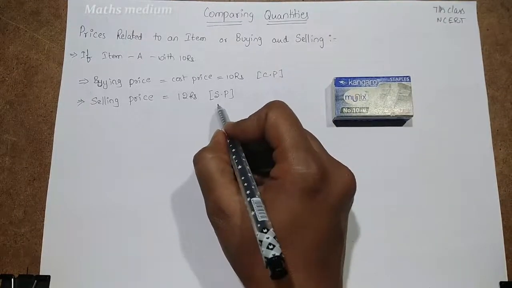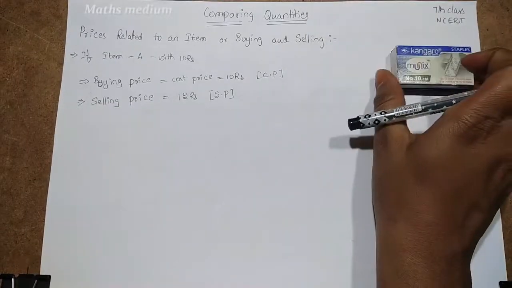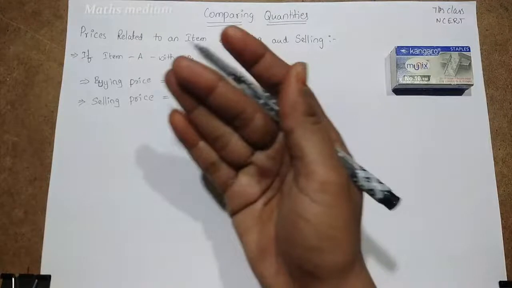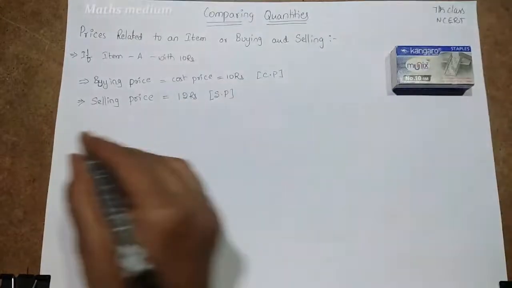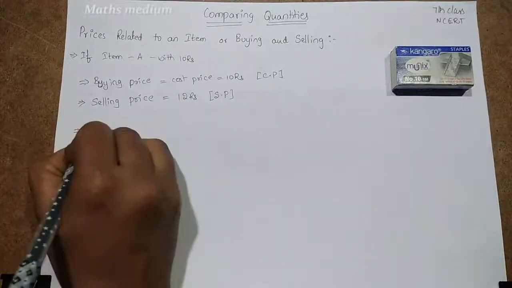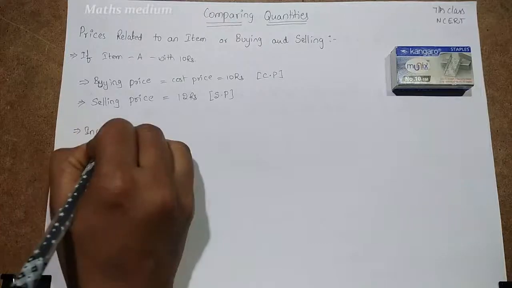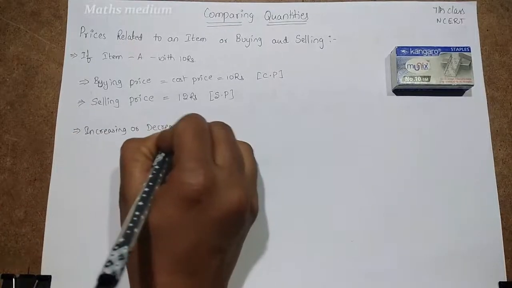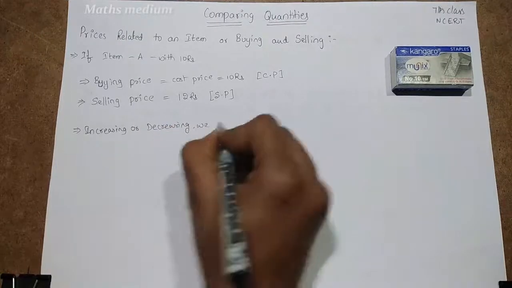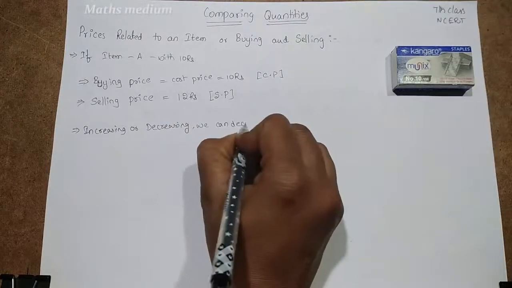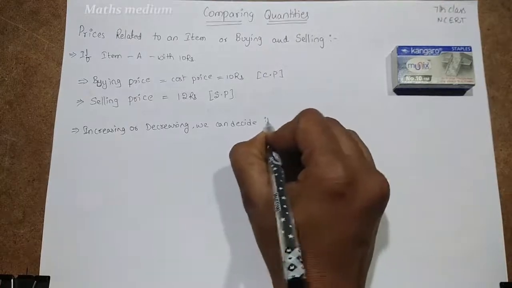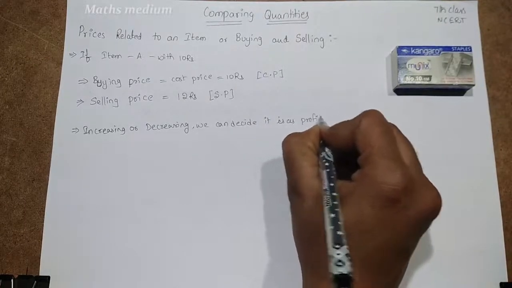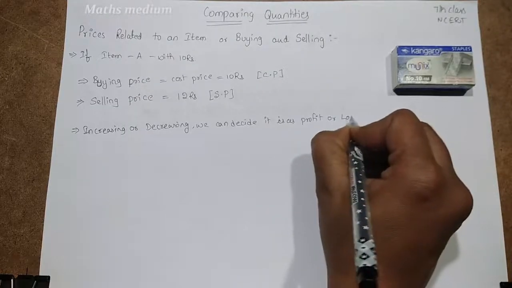See, any item, not only this item, its price may increase or decrease based on the purpose. Based on increasing or decreasing, we can decide it as profit or loss.